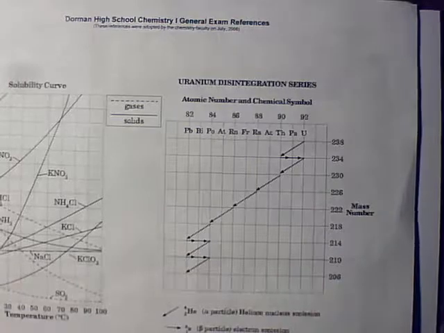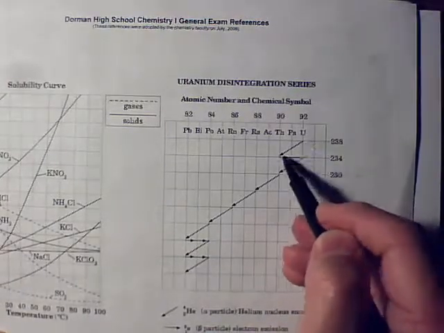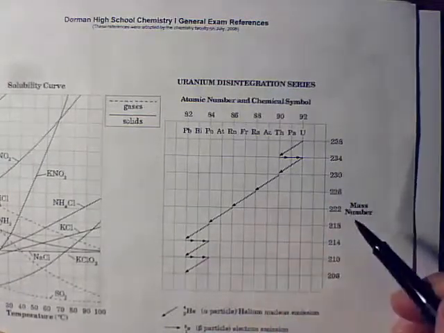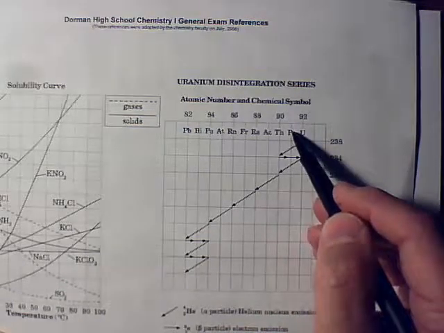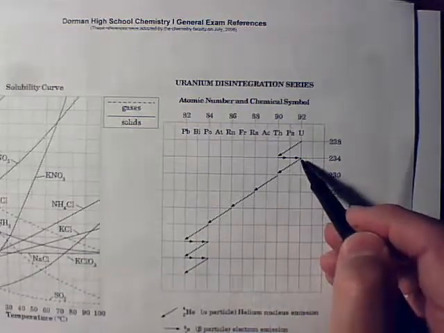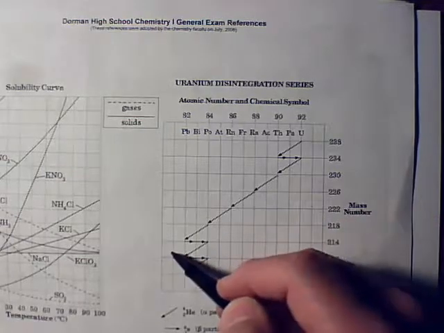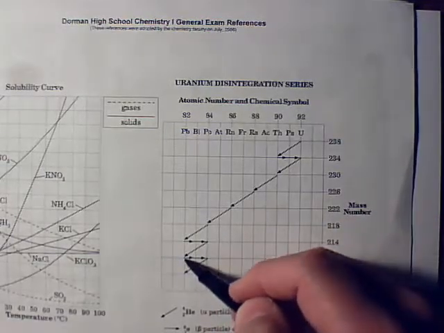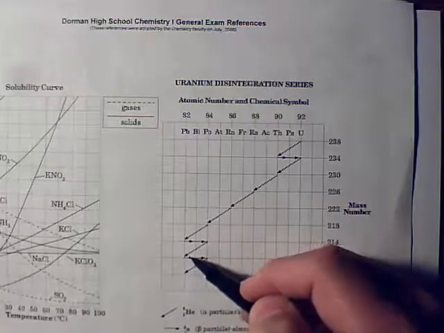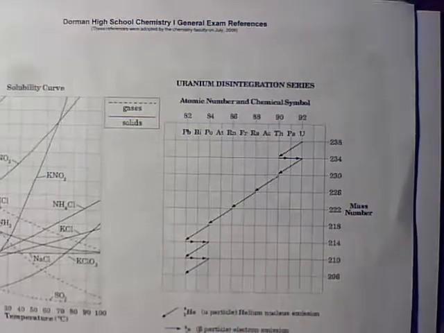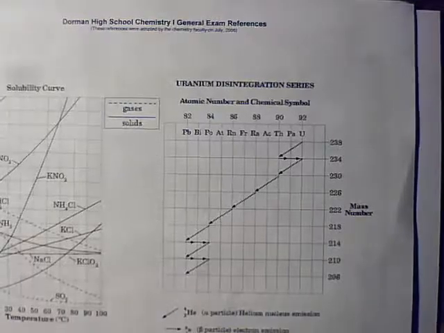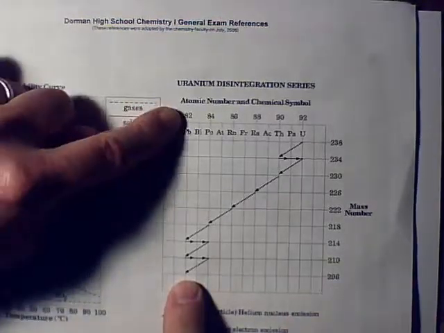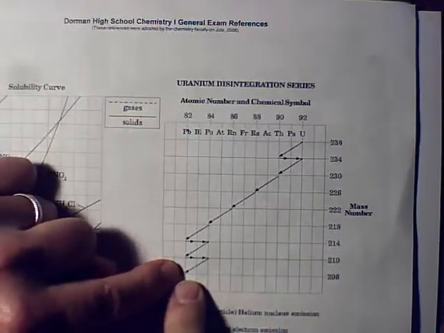So uranium goes through alpha decay to thorium. I'm sorry, I said that wrong. Thorium goes through beta decay, and then protactinium goes through beta decay. And then you get all these alpha decay series, and then beta decay and alpha decay, 2 beta decays, alpha decay, 2 beta decays, alpha decay, until finally you get to lead right here. So your mass number is 206, the atomic number is 82, and 82 is lead.